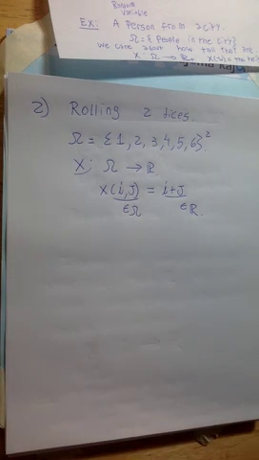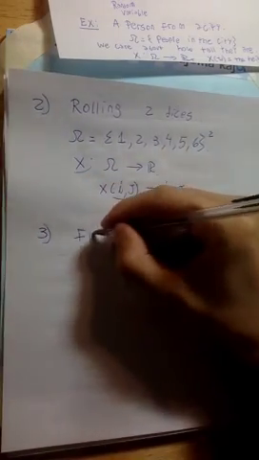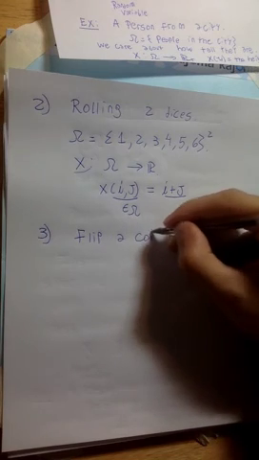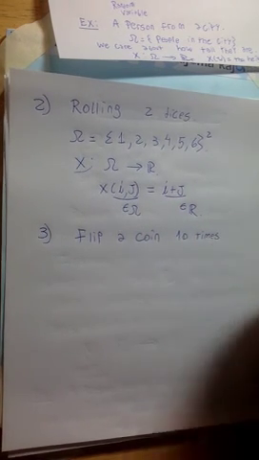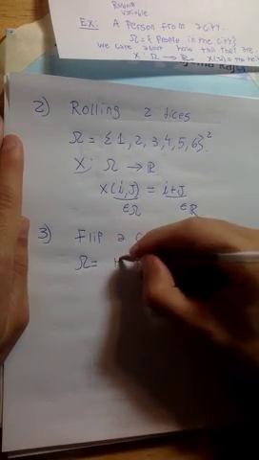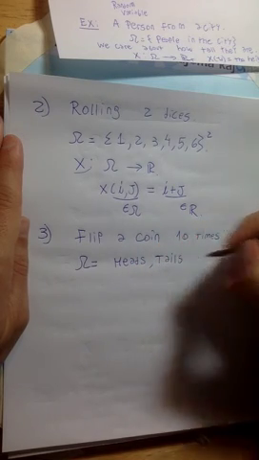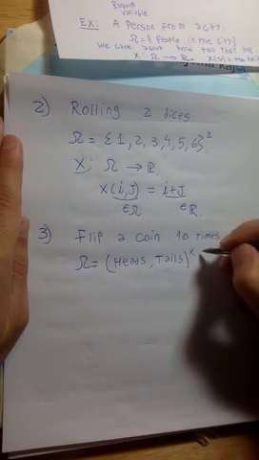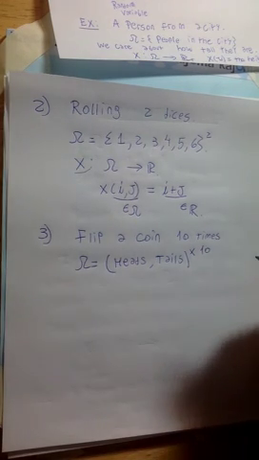Okay, what other examples can we have? For instance, the example that we've been treating a few times is, what if we flip a coin 10 times? So what we would have is that our sample space is going to be heads and tails, 10 times. Okay?